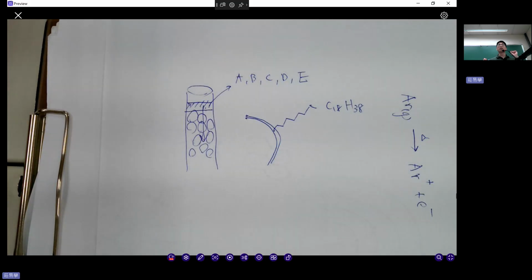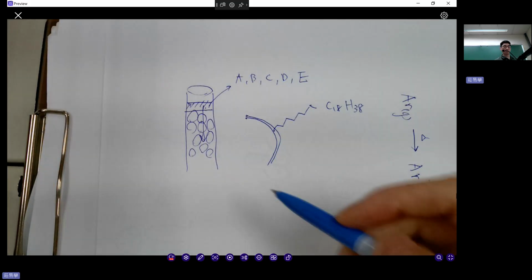It's simply based on the molecular interaction between your compound and the functional group on the surface of your packing material. So the packing material here is the solids, or stationary phase. We call it stationary phase.